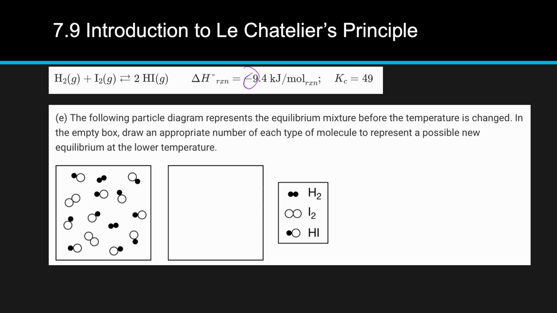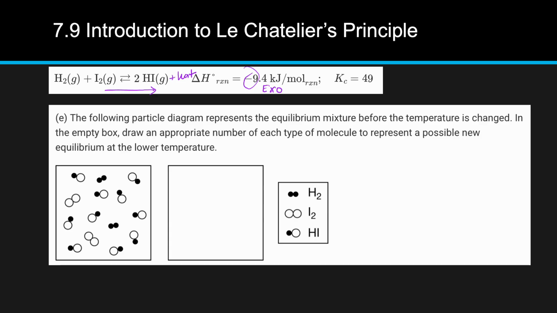And negative delta H is going to tell me that I have an exothermic reaction, which means my heat is a product. So if I am lowering the temperature, I want to move towards the heat. So I am moving in the forward reaction or favoring the exothermic reaction.